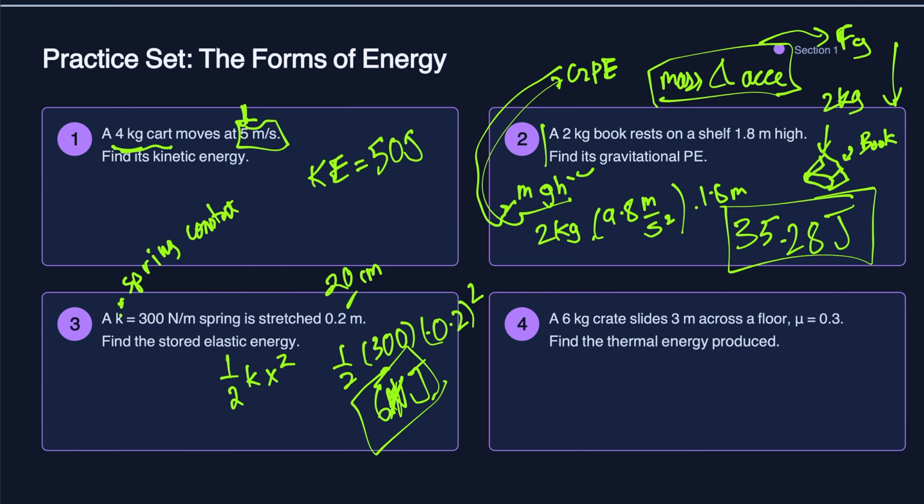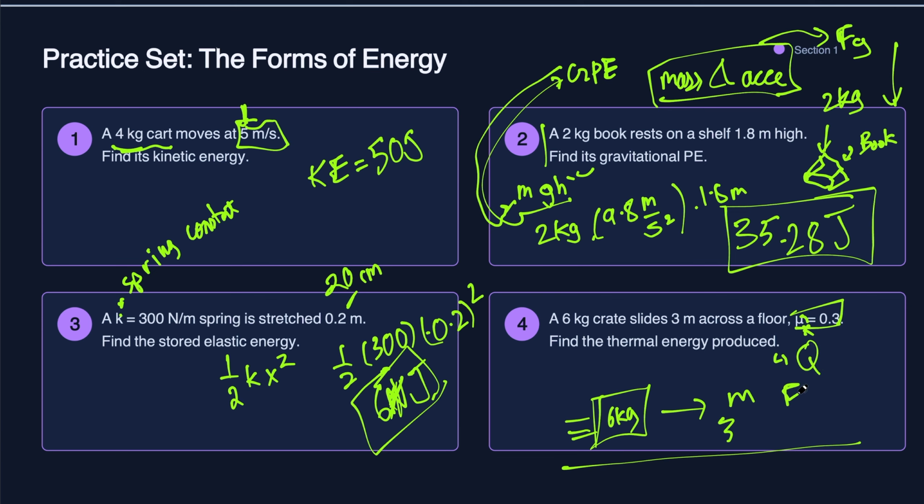A 6 kg crate slides 3 meters across the floor. Okay, 3 meters across the floor. Now, mu k is 0.3. I need to find the thermal energy produced. So we can write it as Q, which is a bit more formal, but it's fine, right?